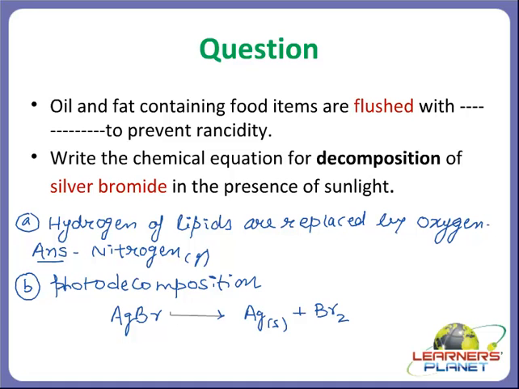Clear? How will we balance this? I have to put 2 in front of silver bromide. Don't change the chemical formula of the compound. Okay, children? So it should be 2AgBr, that is silver bromide, and it is giving me 2 silver atoms, right, plus Br2.